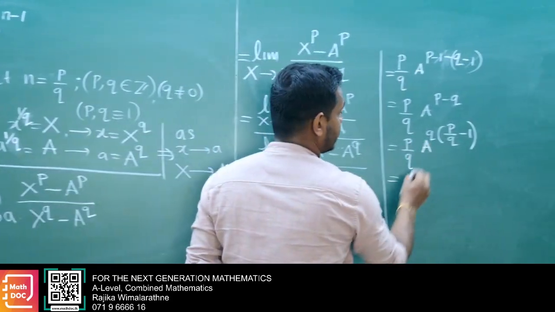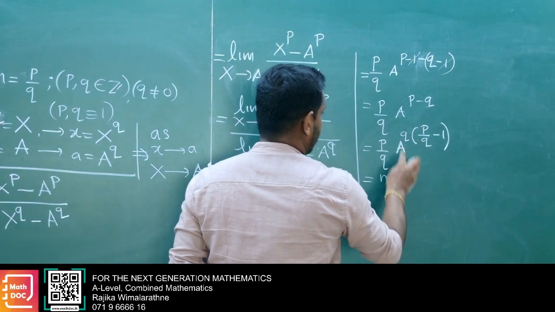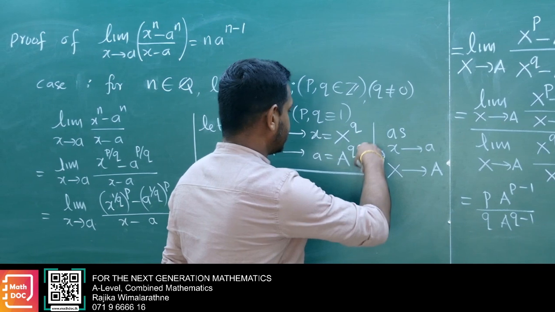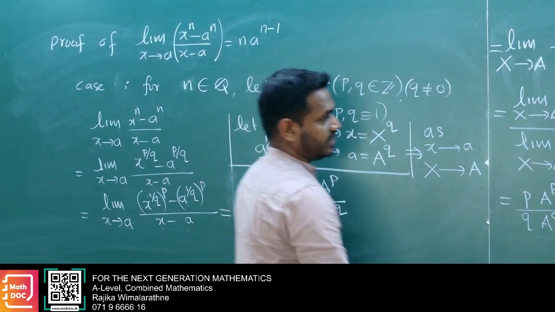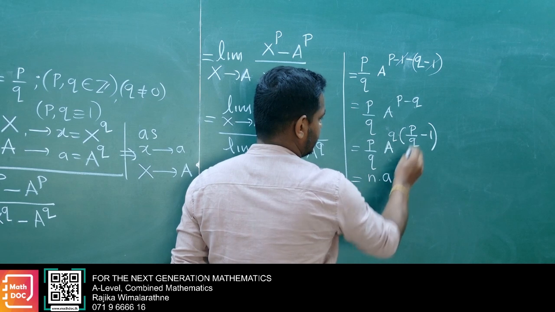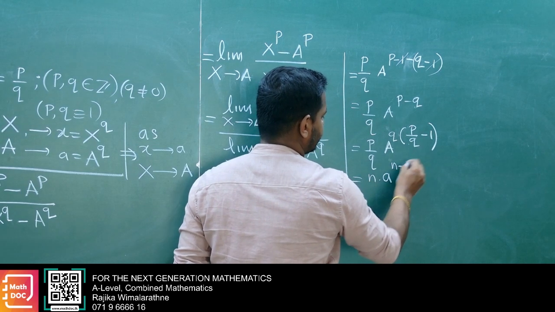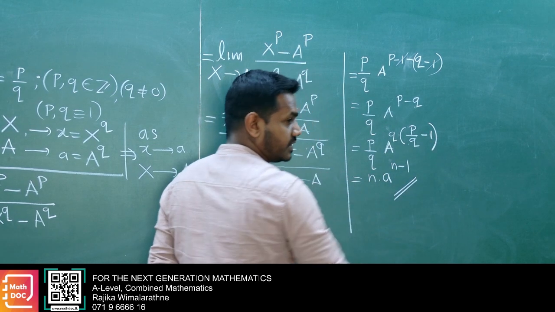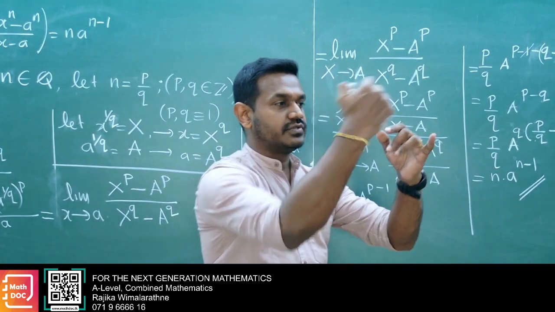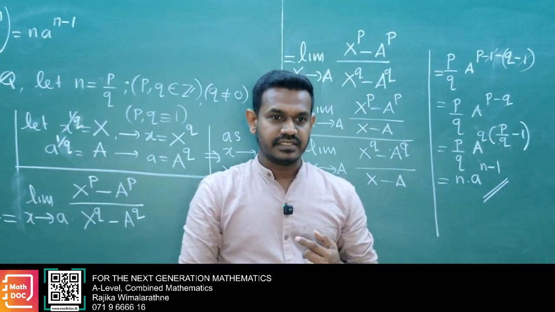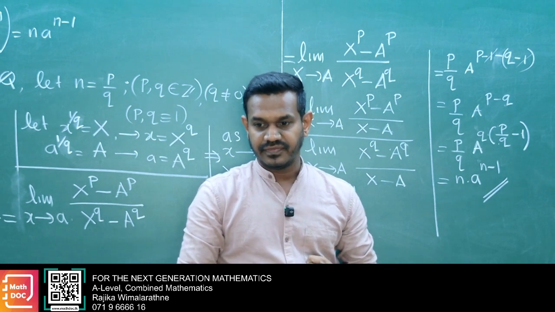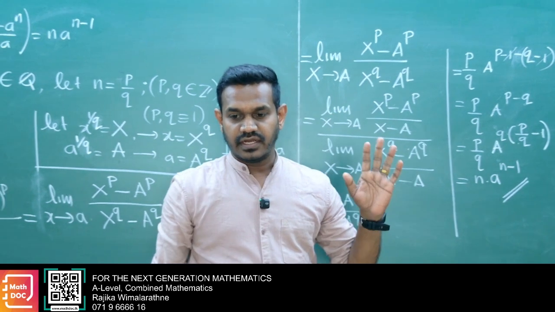Then a to the power q equals a. For this part, a to the power p over q minus 1, that is n minus 1. That is the rational number proof. Then first you prove for positive integers, then you prove for negative integers, then you prove for the rational type. Okay. Now do the complete proof.